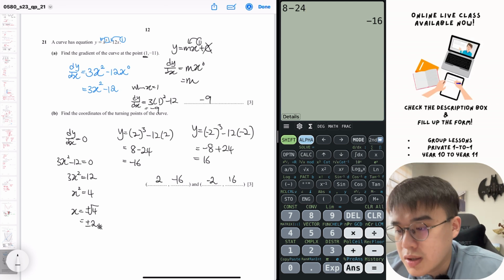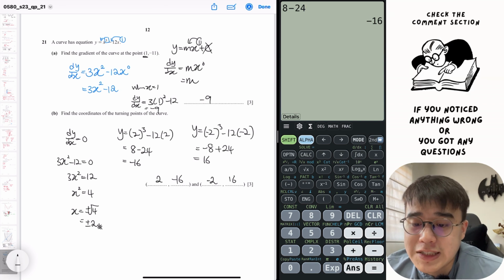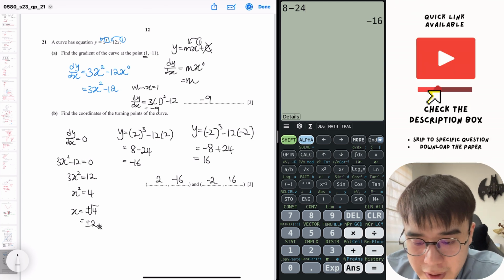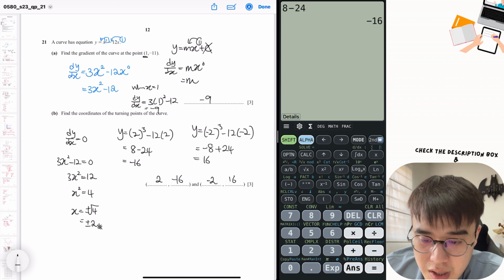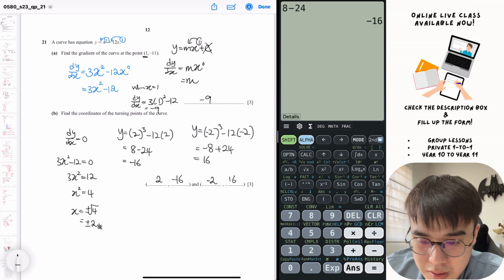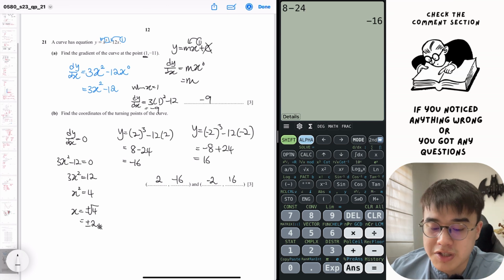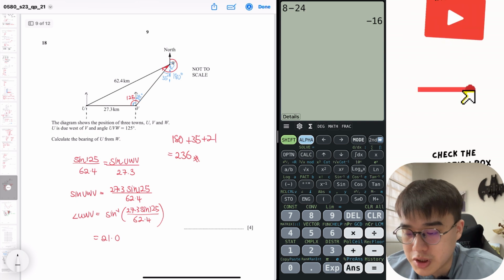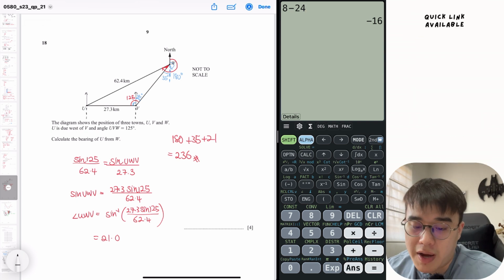Overall, the questions are pretty generic. If you did enough past year papers over the past few months, everything should be fine. In my opinion, the only challenging question here is the bearing question, because if you don't draw out the arrow, you won't be able to find the bearing.